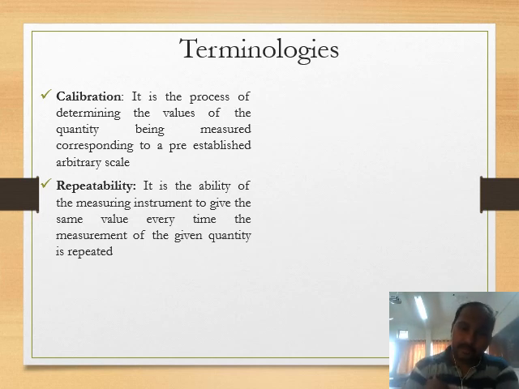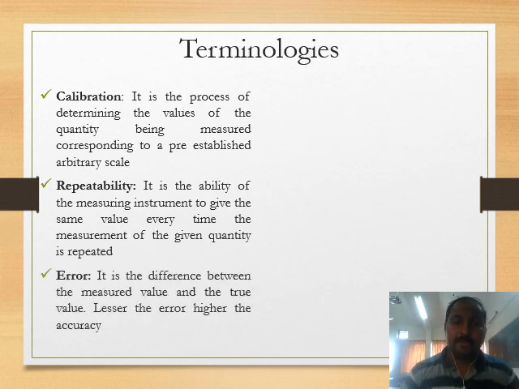Repeatability is the capability of an instrument to reproduce the same value. As I mentioned, with three different readings, every time I am getting a different reading. Repeatability of an instrument is the capability to produce always 10.01 itself. From the first time to the fifth time, it should be able to reproduce the same value. That capability of an instrument, we call repeatability.